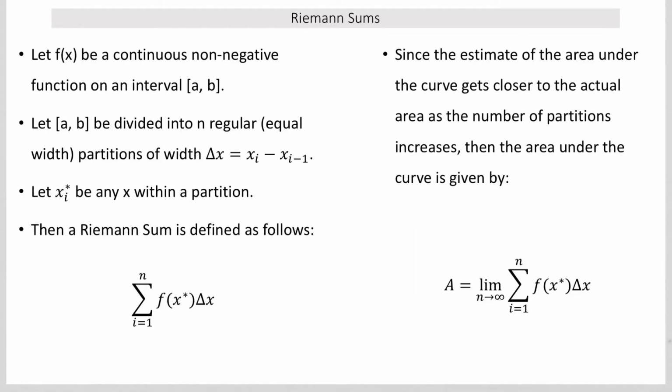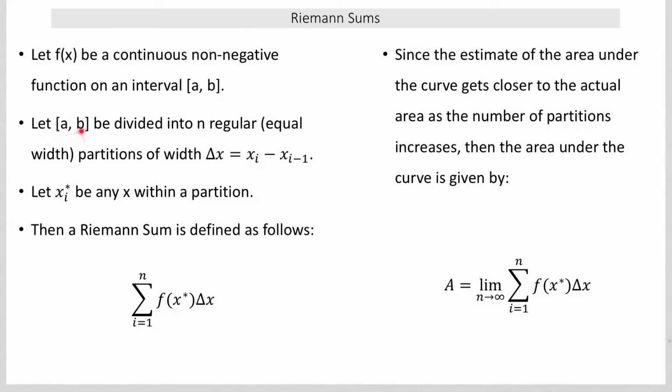Now we talk about Riemann sums. And here's where the sigma comes in. Let f of x be a continuous non-negative function on an interval AB. We've established that before in the other slide.